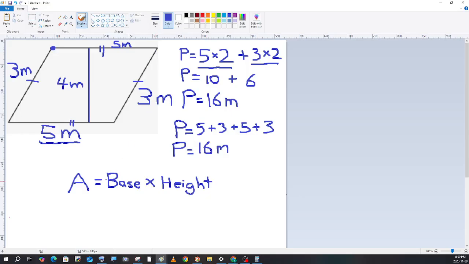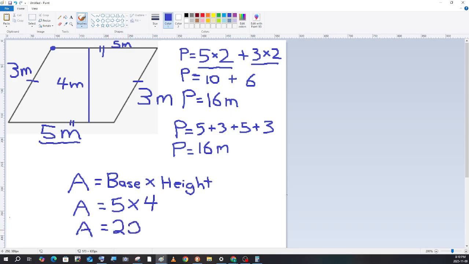So for this parallelogram, the base is 5 meters, right? That's the length of our bottom side here. So it's 5 meters times the height, which is this blue line here, 4 meters. So 5 times 4 is equal to 20.